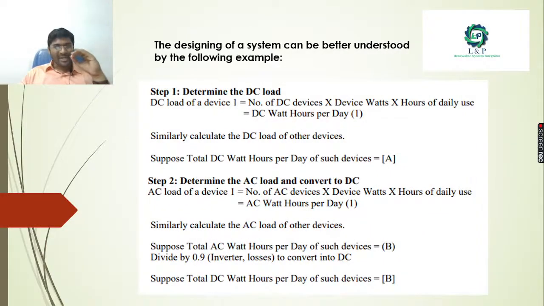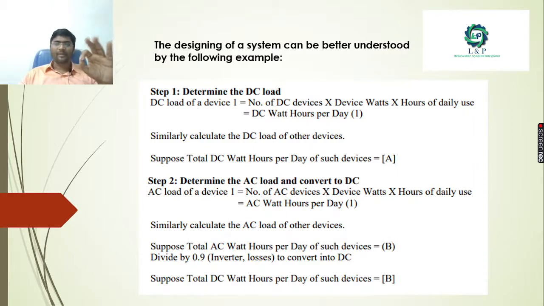Now let's try to understand these basics with an example. As we told earlier, if you're going to calculate the DC load, we need to know the number of DC devices, multiply that by the DC watts and by how many hours you use them daily, so that you get DC watt hours per day. Similarly, calculate for all the other devices.